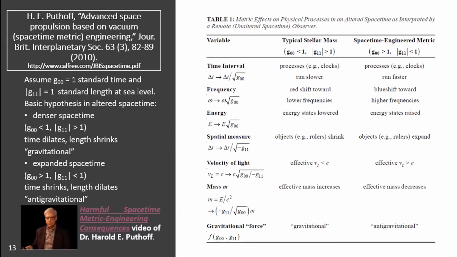In denser space-time, time dilates, the length shrinks, and we experience what's called a gravitational force. As we go away from the Earth into space, for example, we go into expanded space-time where time shrinks, length dilates, and we have this anti-gravitational push force.